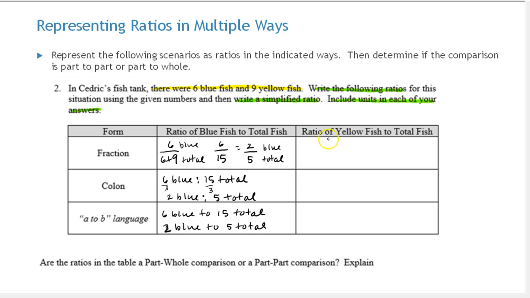Now we're going to compare the ratio of yellow fish to total fish. Well, there are 9 yellow, and we already found that the total number of fish is 15. So now simplifying, common factor of 3, we have 3 yellow fish for every 5 total fish, or 3/5.